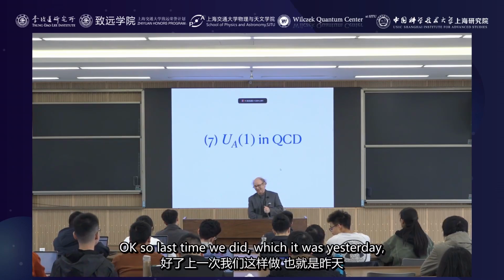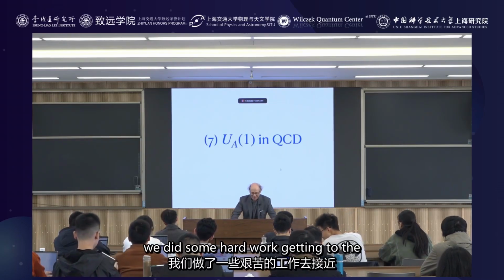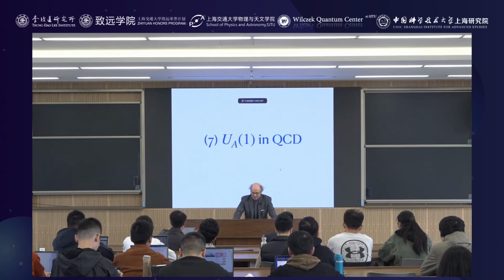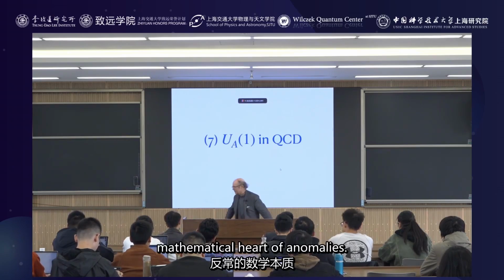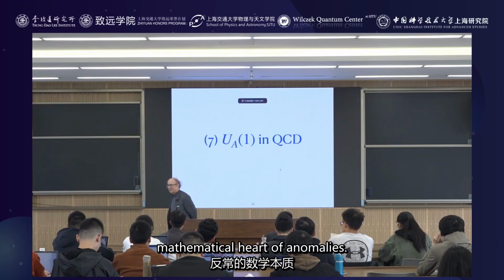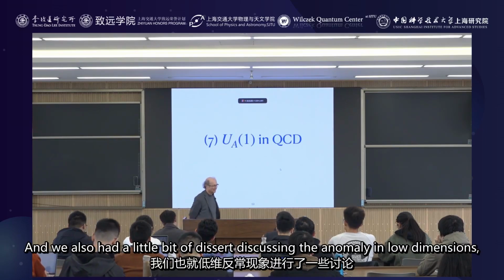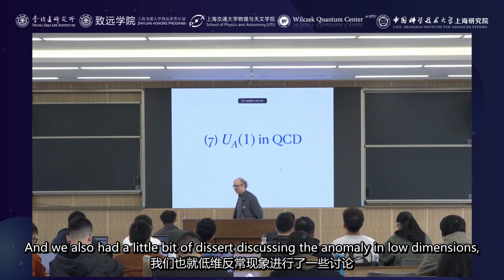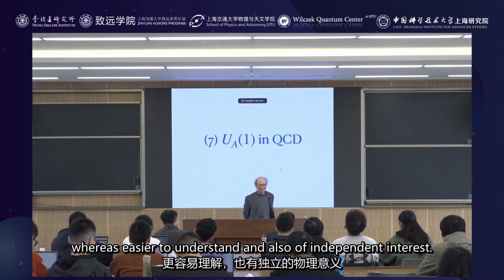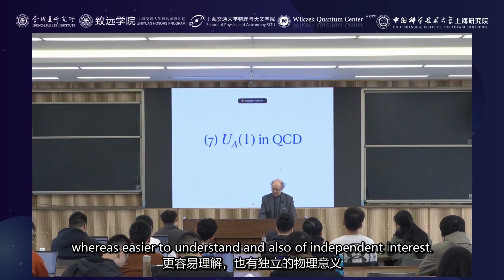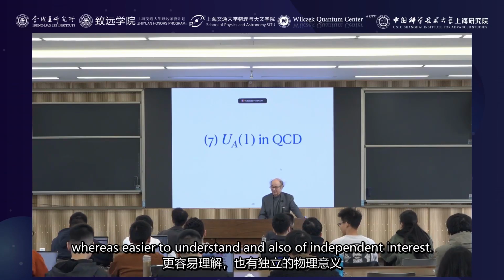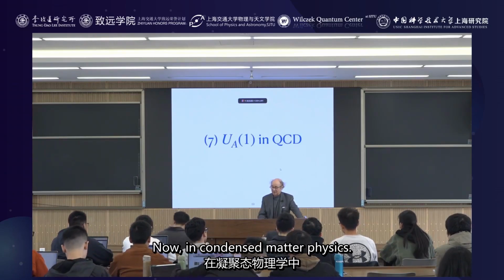Okay, so last time, which was yesterday, we did some hard work getting to the mathematical heart of anomalies, and we also had a little bit of dessert discussing the anomaly in low dimensions, where it's easier to understand and also of independent interest now in condensed matter physics.